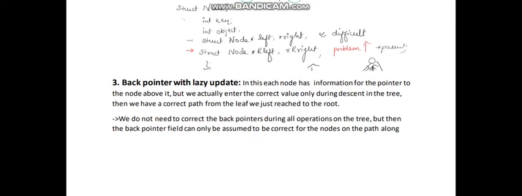Now let's see the third approach, which is back pointer with lazy update. This is an extension of our previous approach, the back pointer. In this approach, the structure is the same.